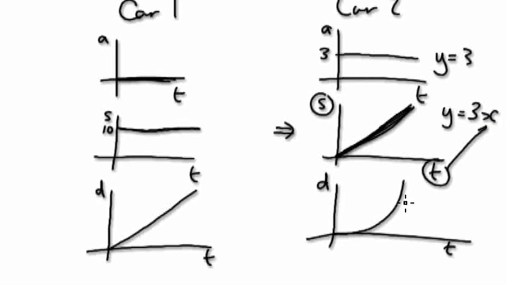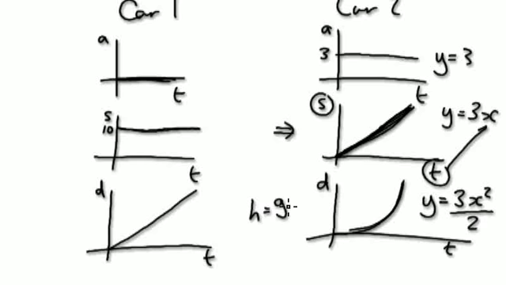The equation for the distance line, you don't know yet, but you would need to work out the area underneath the graph. Anyway, just take my word for it for the time being that the equation for this line here is y equals 3x squared over 2. It's just like that famous equation, g t squared over 2.